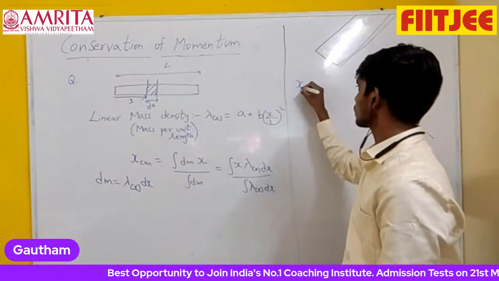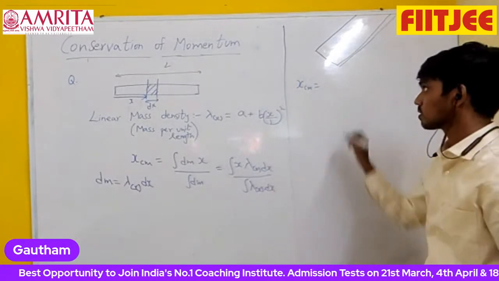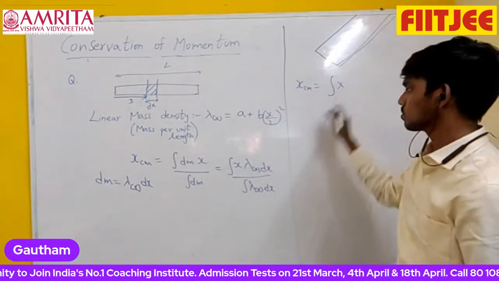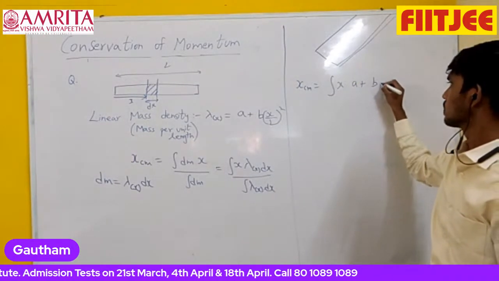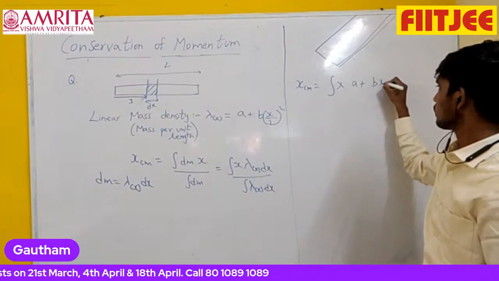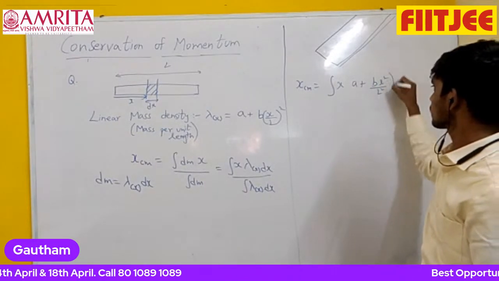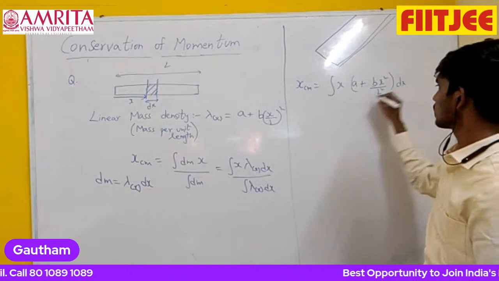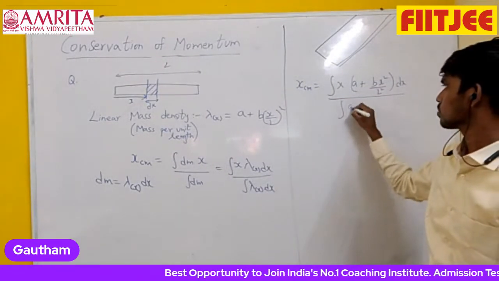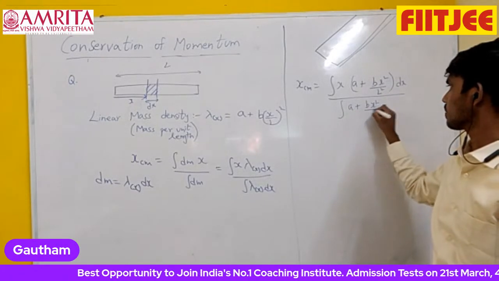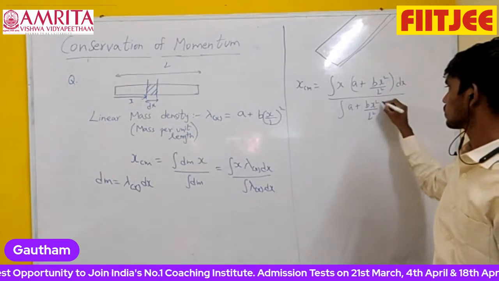So xcm is equal to the integral of x into lambda as a function of x, which is a plus bx square by L square, into dx, divided by the integral of lambda dx, that is a plus bx square by L square dx.